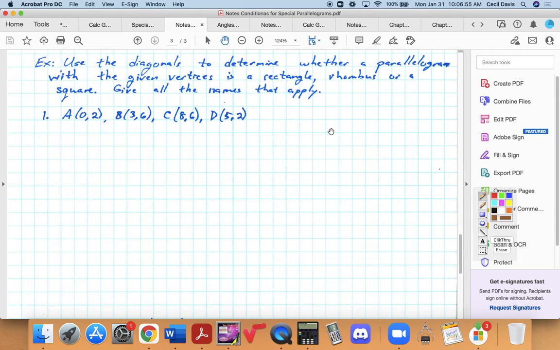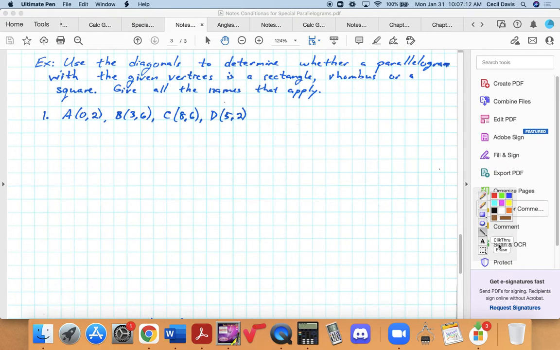So here it says, use the diagonals to determine whether a parallelogram with the given vertices is a rectangle, rhombus, or square. Give all the names that apply. As always with graph problems like these, a graph is nice, but it's no proof of anything. You got to do more than that.